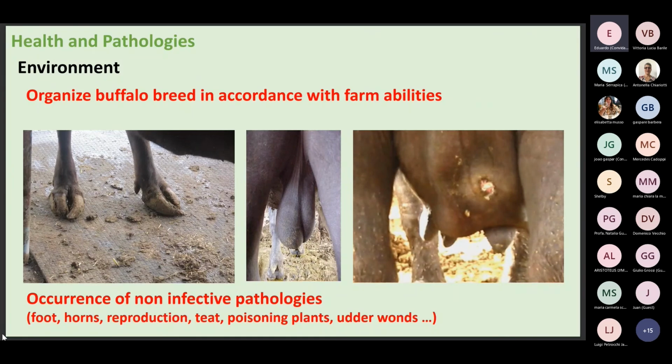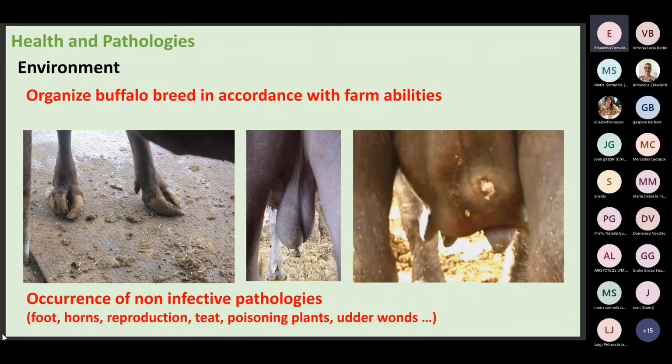In India land is very costly, and people have no space for the animals to move and sometimes go grazing outside. But as a consequence, you can see a higher incidence of pathologies not related to infection or some microorganism, but related to the artificial environment in which we are trying to breed the animals.